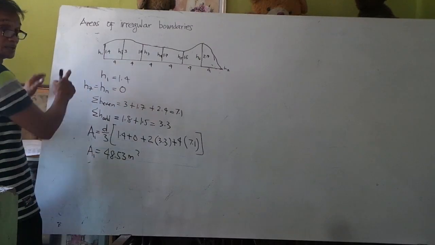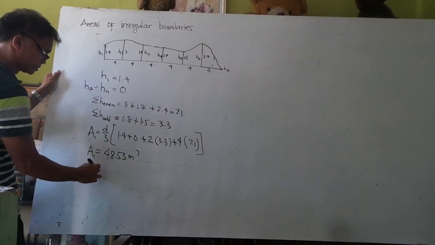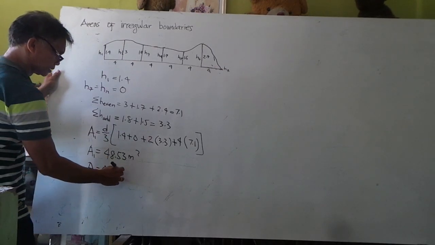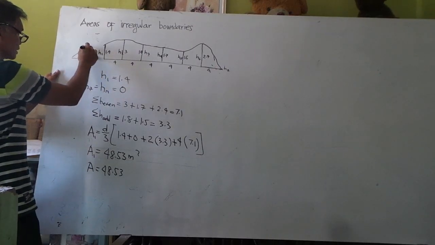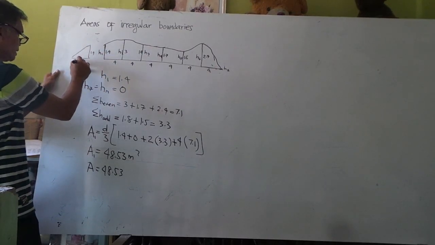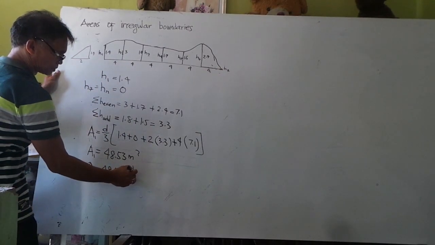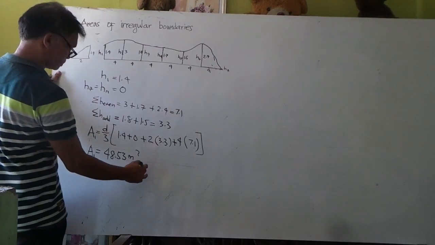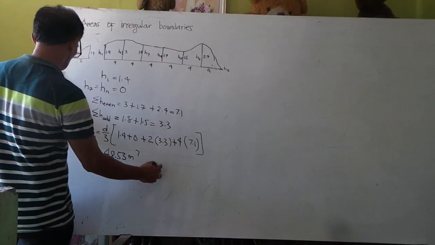Then the other area here is different. So the total area is area 1, which is 48.53, plus the area here, 1.4 by 2. This is a triangle, so 1/2 times 2 times 1.4.